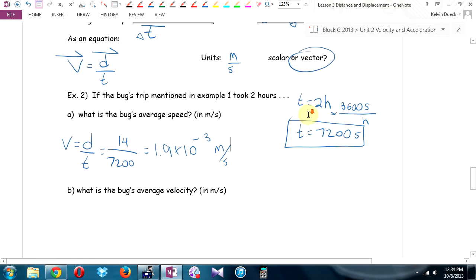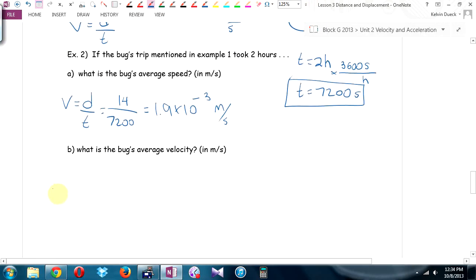What's the bug's average velocity? Well, average velocity is going to be displacement over time. What was the displacement? Negative 6. Negative 6 over 7,200.